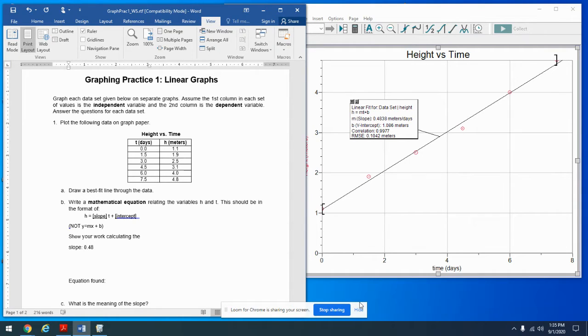I'm going to put a 0 before that just to make sure it's clear what's going on. And this has units, meters over days. This is not just a number, it's a number that has units, meters over days or meters per day. So I'm going to include that because that's part of this number. Not just 0.48, like 0.48 what? All right, so there's my slope.